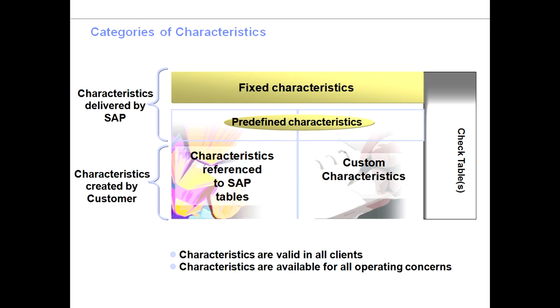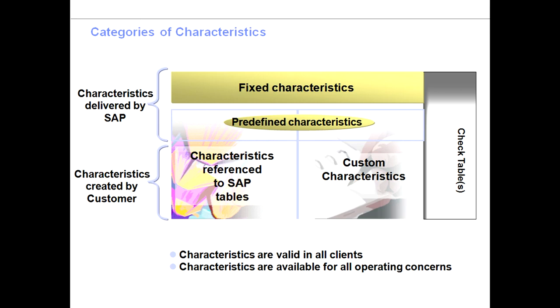Again, those are quite vital, with the reason that if I want to avail information or report based on those parameters like the internal order, the process order, production order, etc., then I can do so provided I have these fixed characteristics available. And fixed characteristics will always be available in a system.